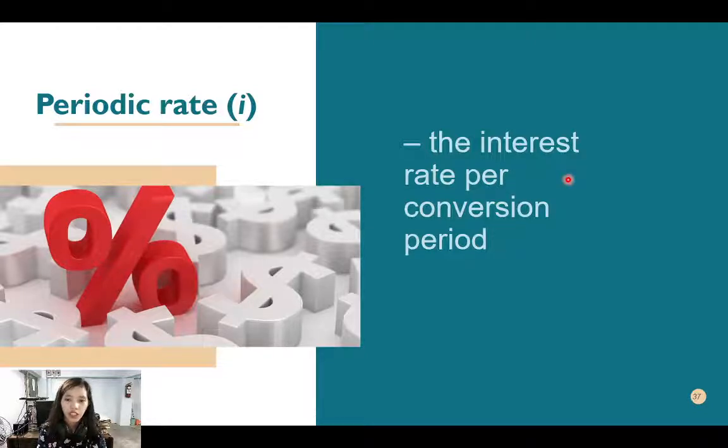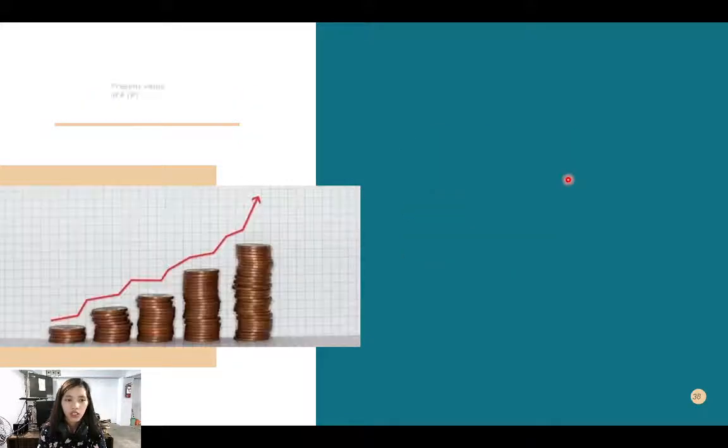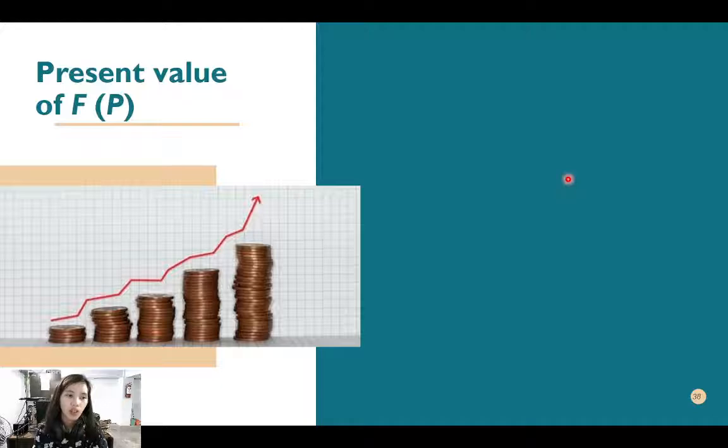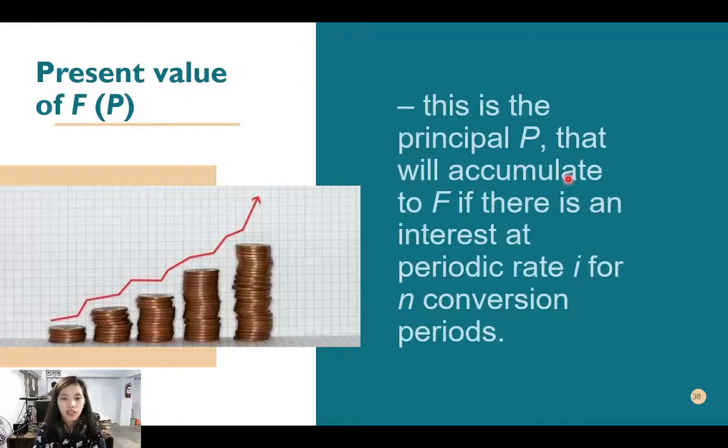Halimbawa ay annually, monthly. Ito yun. Next is for present value, P. This is the principal P that will accumulate to F if there is an interest that periodic rate I for N conversion period. Ito yung talagang amount ng pera.